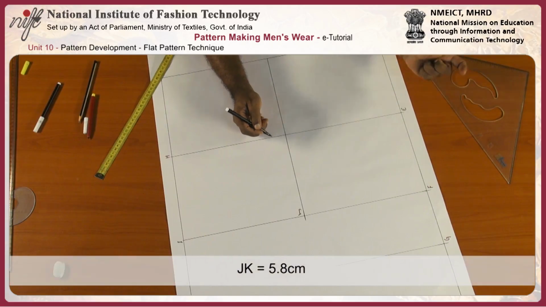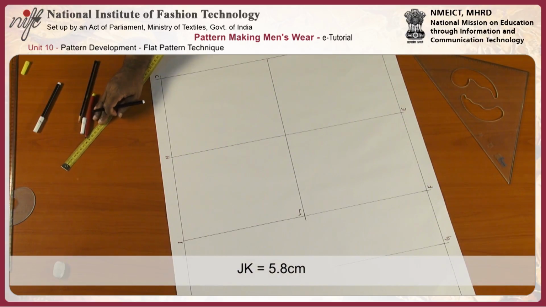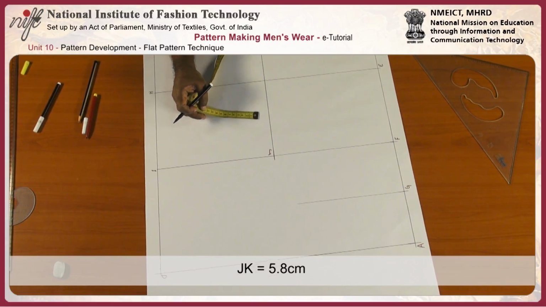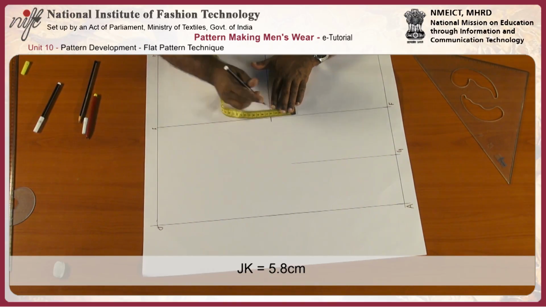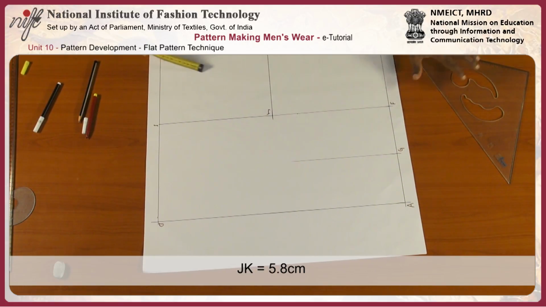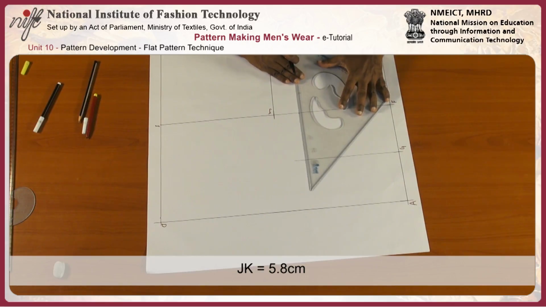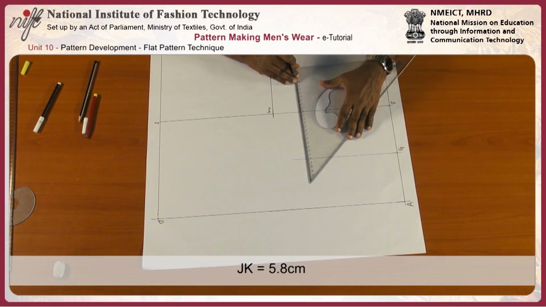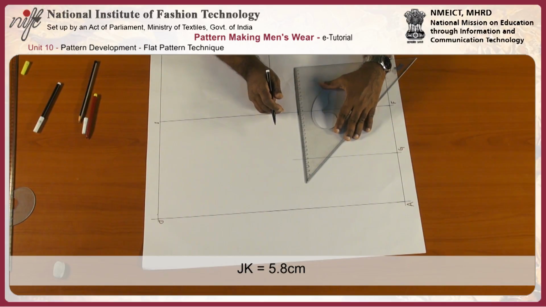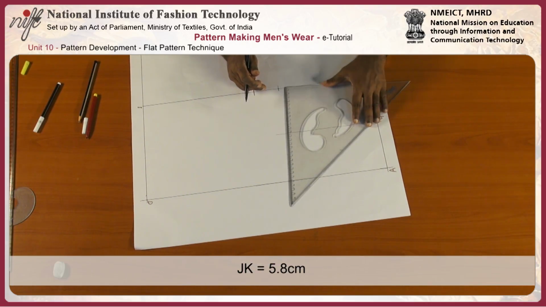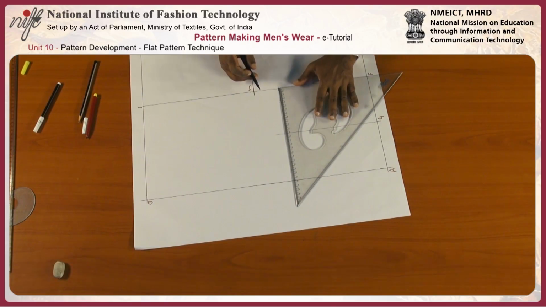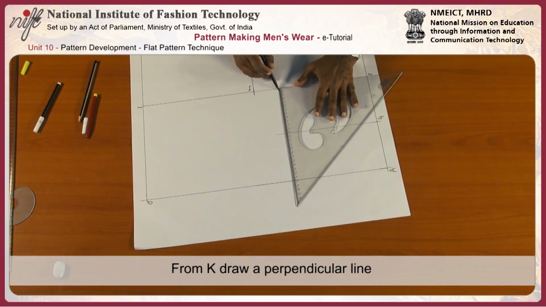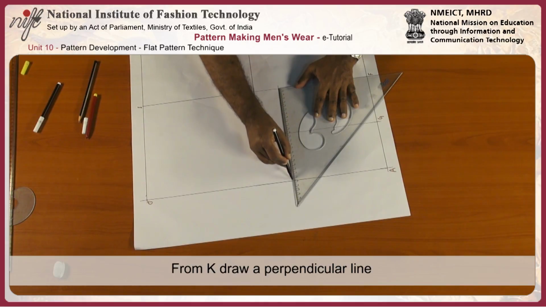Now from J to K, 5.8 centimeter. Then draw a perpendicular line from point K upward.